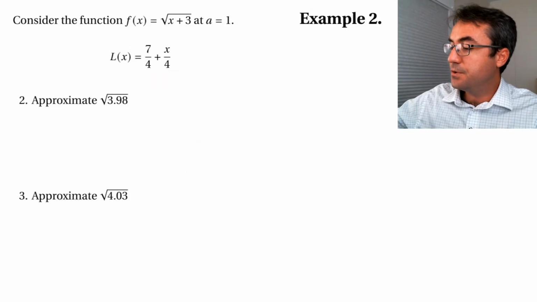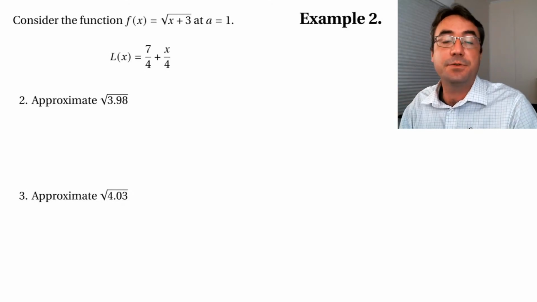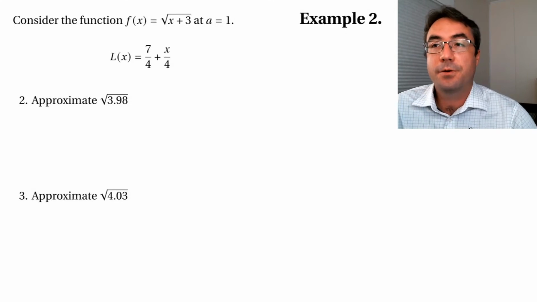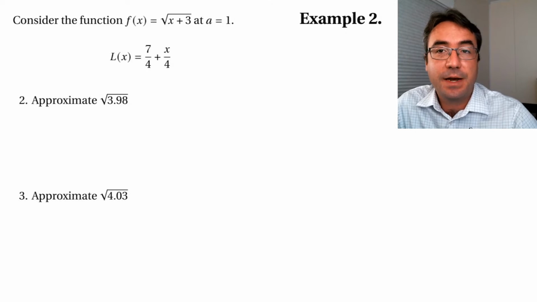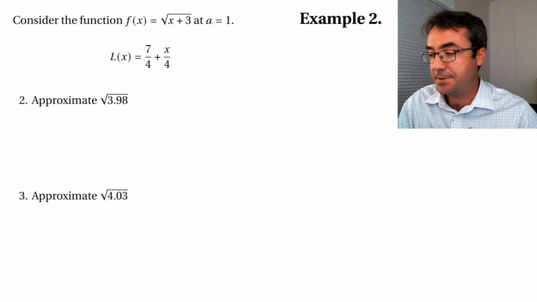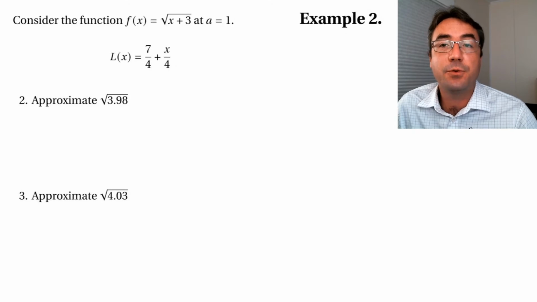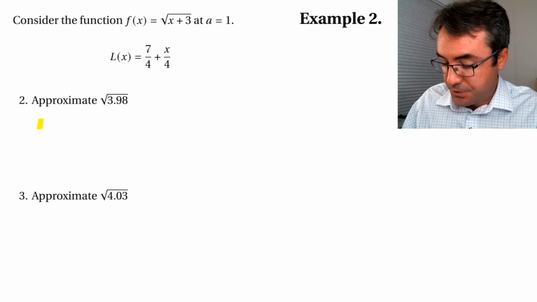All right, so we can use these linearizations to approximate different values of our function. So continuing on with this example, we're going to use our linearization that we just found to approximate the square root of 3.98. We're going to use this linearization L of x to approximate a value of our function. And in order to do this, there's two steps.